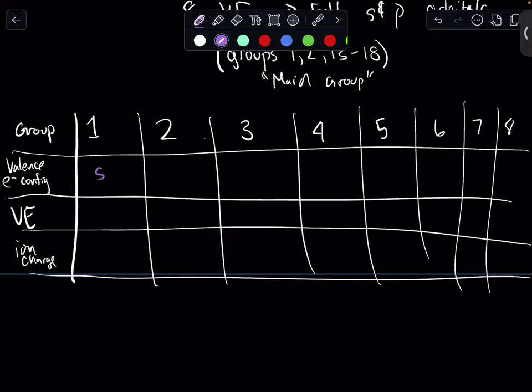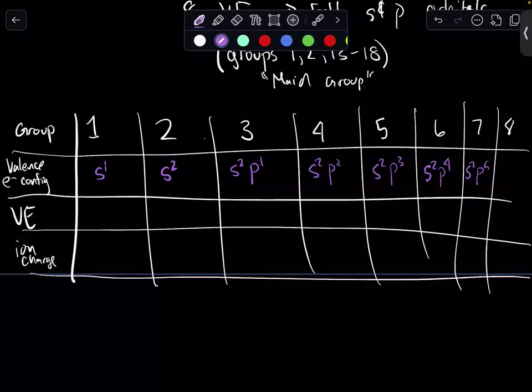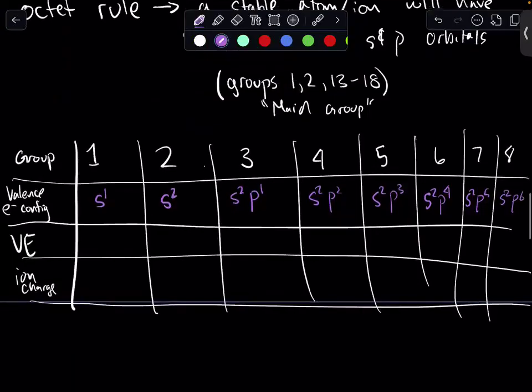In group 1, all the valence configurations end with s1: 1s1, 2s1, 3s1, and so forth. s2, then this one becomes s2p1, s2p2, s2p3, s2p4, s2p5, and finally s2p6. So they're all trying to have the configuration of s2p6. That's a full valence shell. That's a perfect configuration. So the question is, how do they do that?